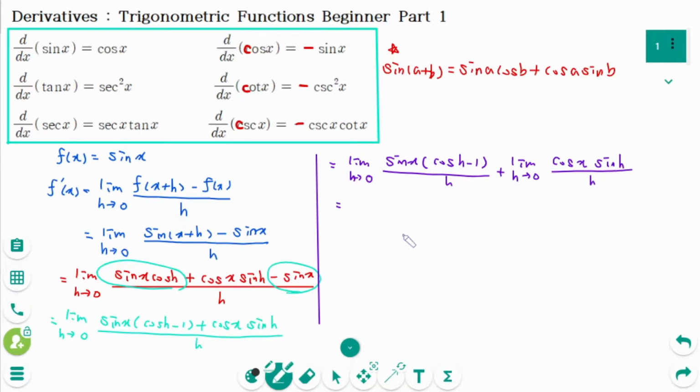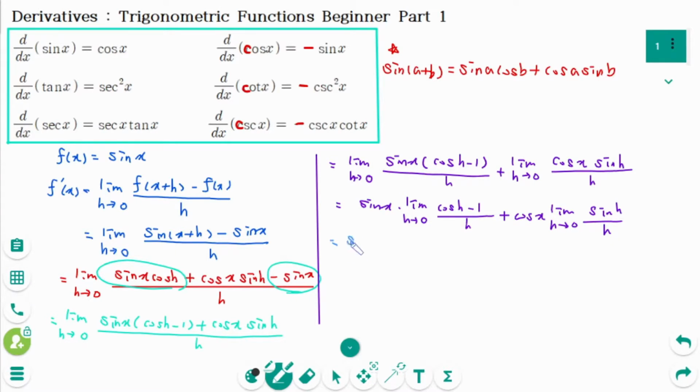Then we can rewrite as the constant times the limit of the function. So sin x times limit as h approaches 0, (cosine h minus 1) over h plus cosine x times limit as h approaches 0, sin h over h.